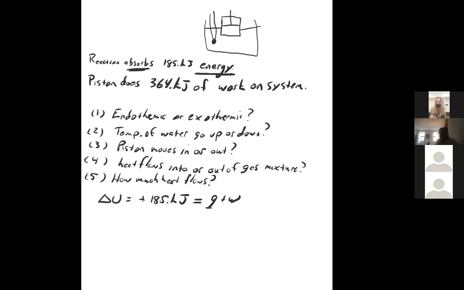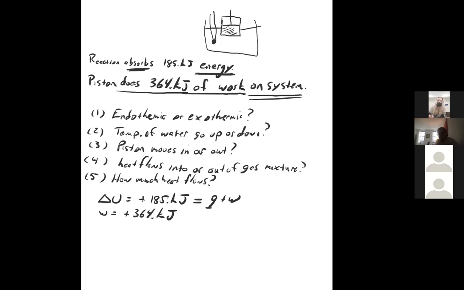They also say the piston does work on the system. Okay, that's the opposite of the previous example. Now the system is getting the energy. So W is positive 364. Why? Because the piston did work on the system, meaning the energy is going from the piston into the system.